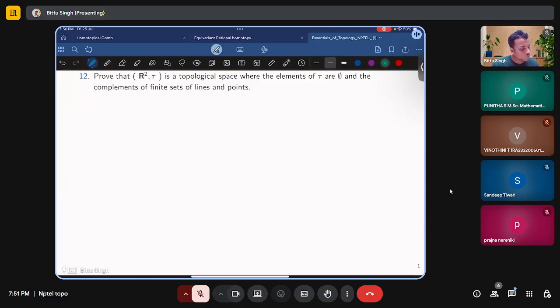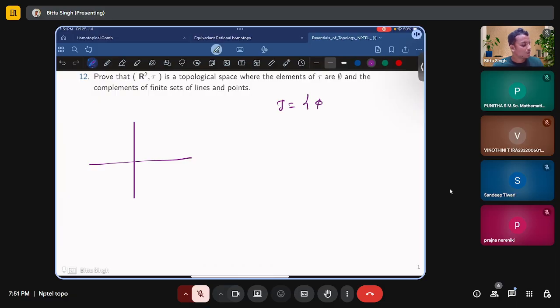Prove that (R2, tau), this is the topological space where tau consists of the empty set or complements of finite sets of lines and points. So the question says, the topological space tau, I always write this notation.